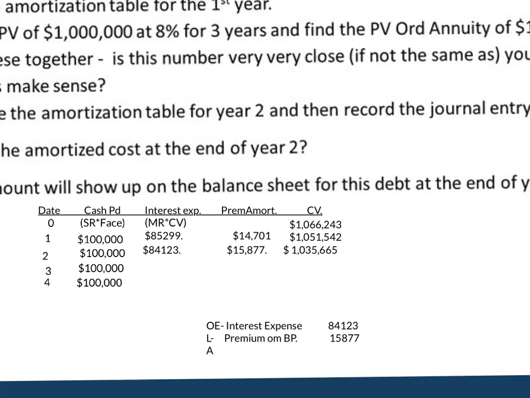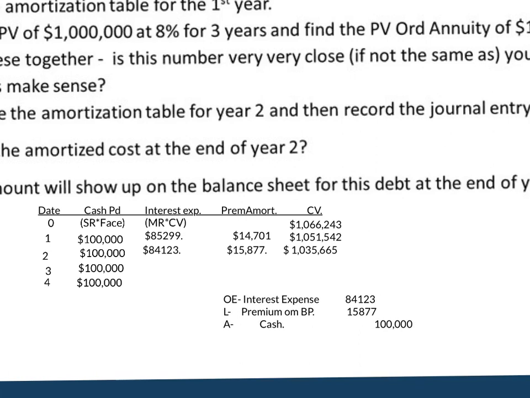And we also, of course, have to show the cash that went out the door for interest. And that is going to be my 100,000. Okay, so there's my journal entry.